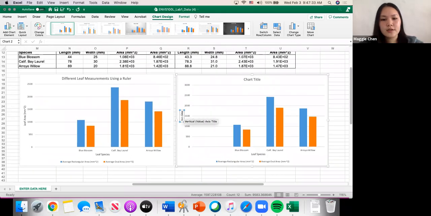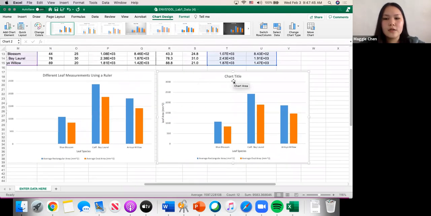And we'll just change that again to leaf area in millimeters squared. So now this chart is for our calipers.